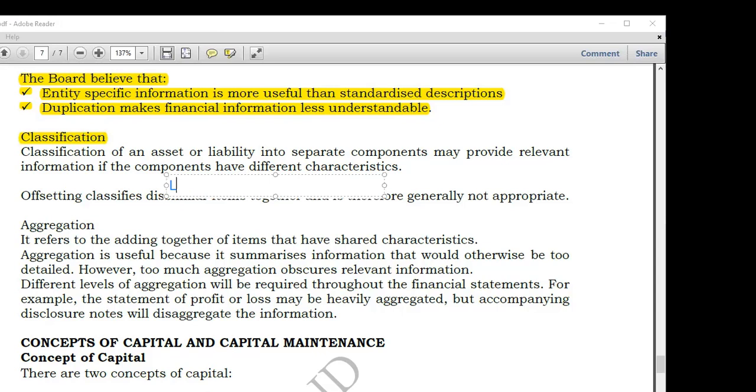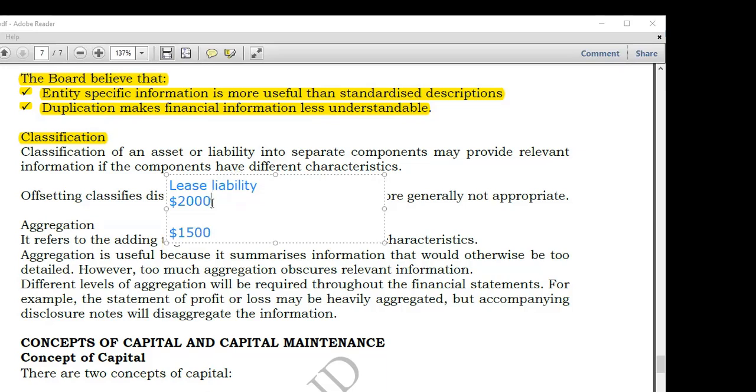Let's say you have a lease liability. This year you have a lease liability of $2,000. But 1 year later, you will no longer have $2,000. You will have just $1,500. What does this mean?